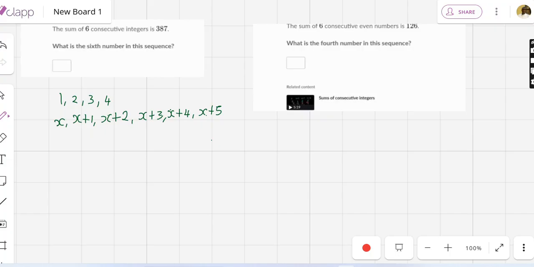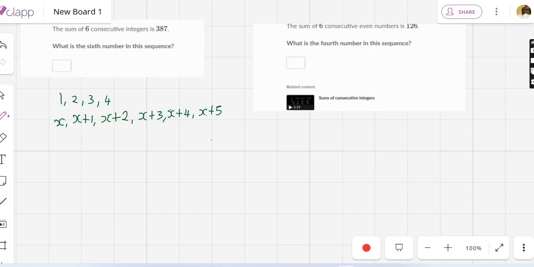That's what the sum stands for. And then you say is 387, which means equal to 387. And please don't forget, the question says we find the sixth number. So first we need to find x. If we find x, we can get the sixth number.